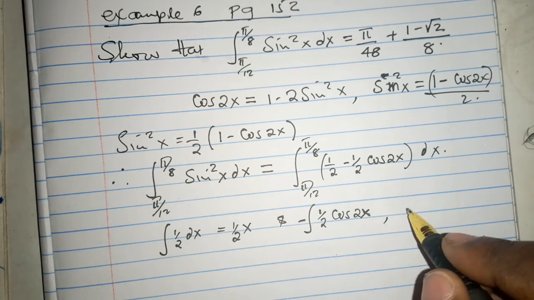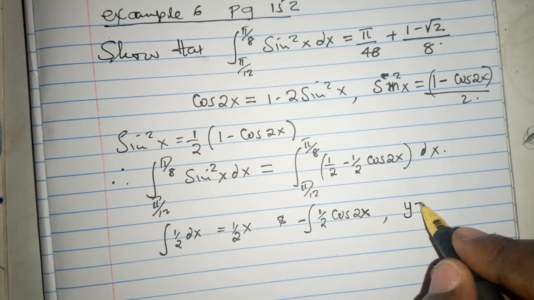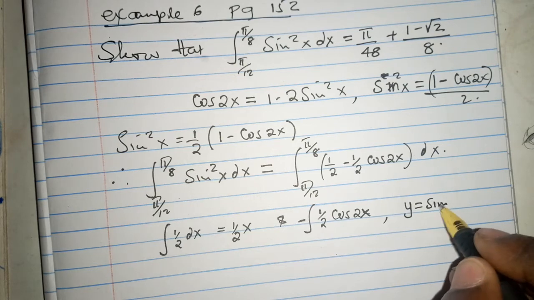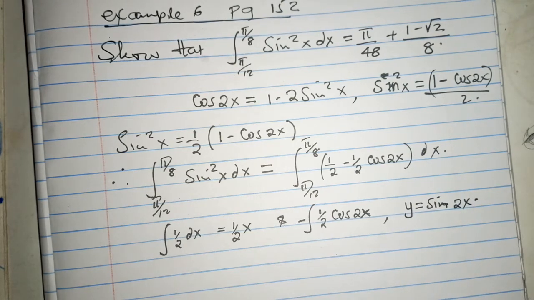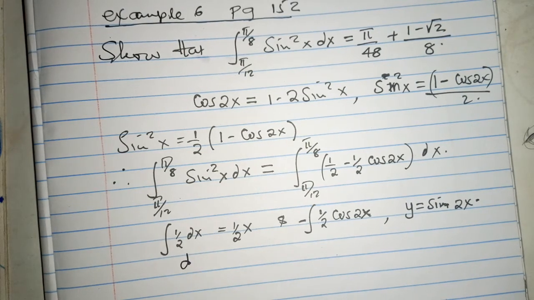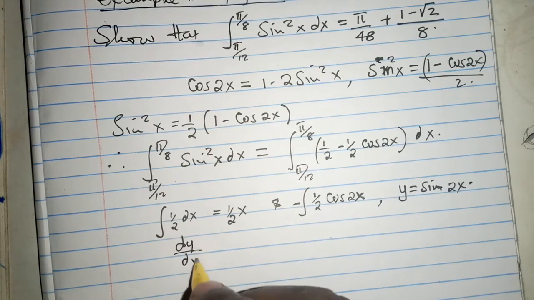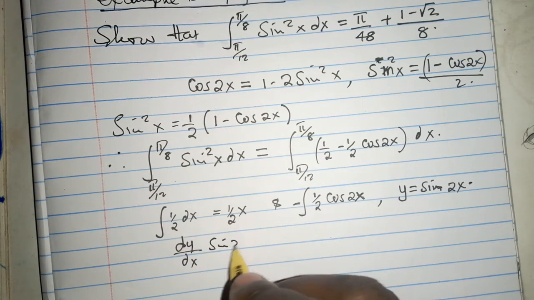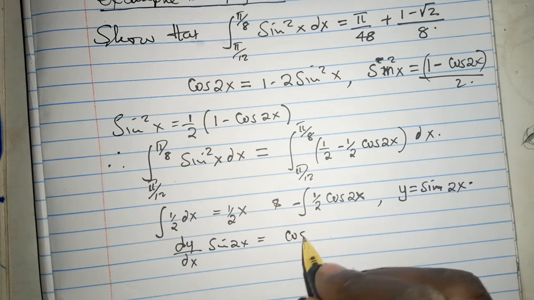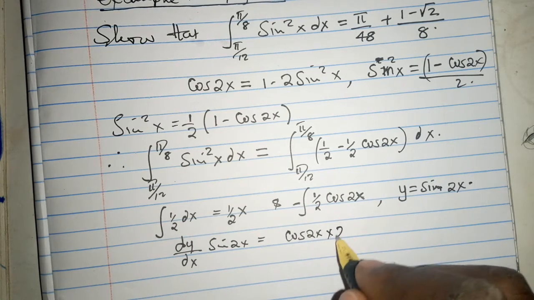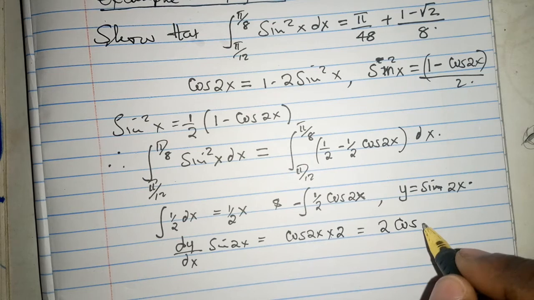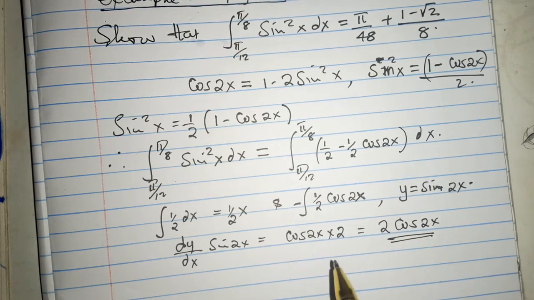That function must have been y equals sine 2x. So let's try it out. The differential dy dx of sine 2x is the cosine of 2x times 2, which is 2 cosine 2x. That is as far as the chain rule is concerned.